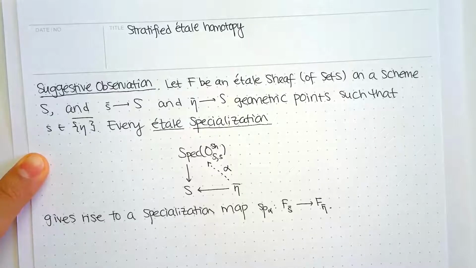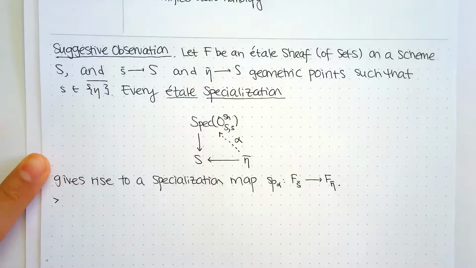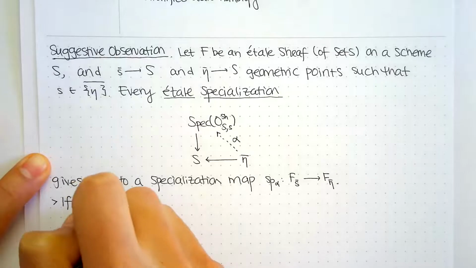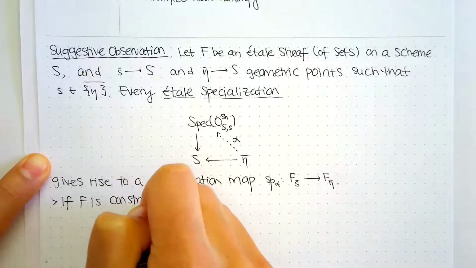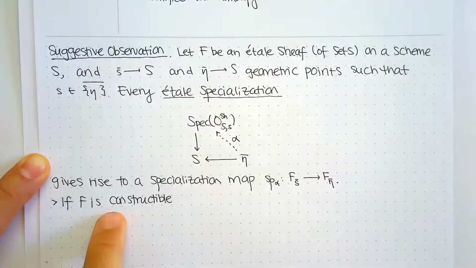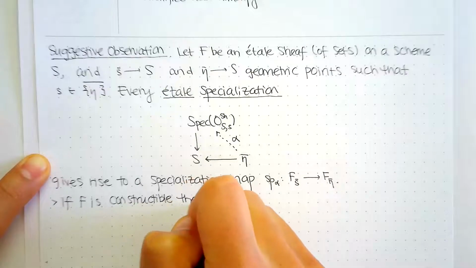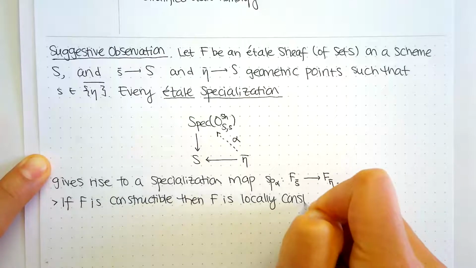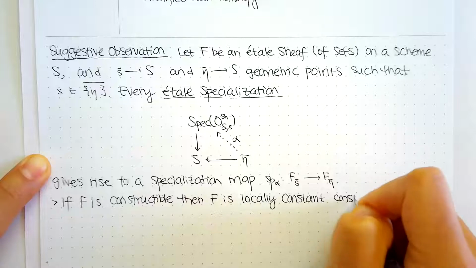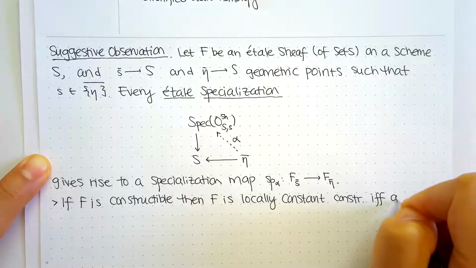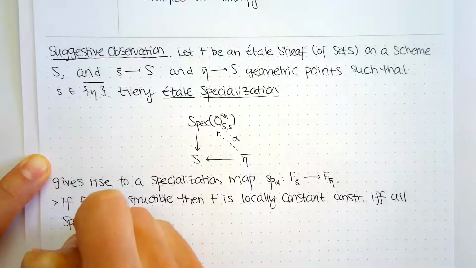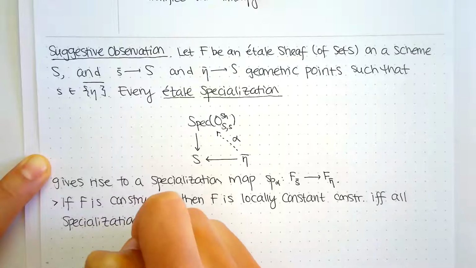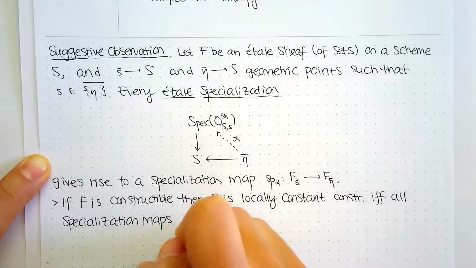But the important point is the following: if F is constructible, so remember, this means that there exists some finite stratification of the scheme on which each piece is locally constant constructible, then F is locally constant constructible if and only if all specialization maps are equivalences.